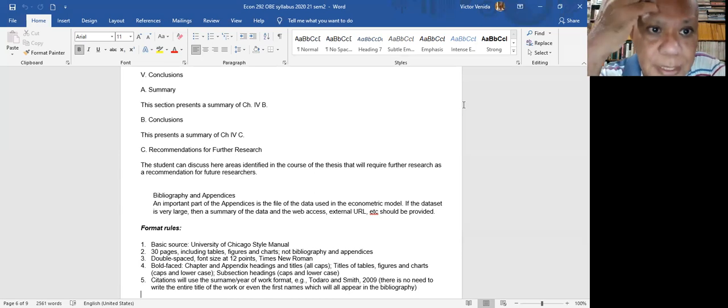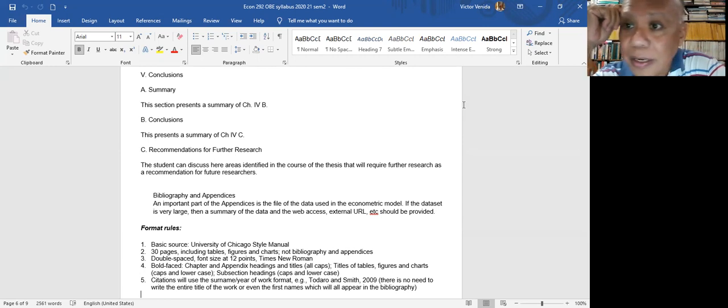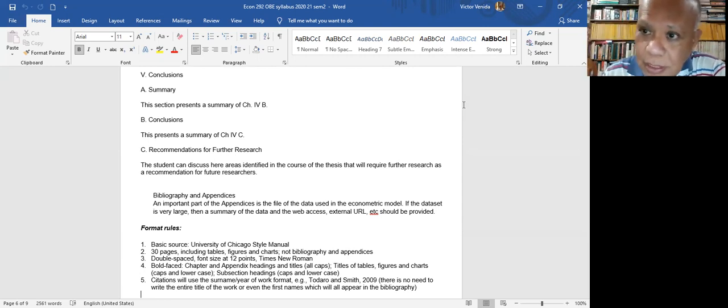Okay, now chapter 5. Chapter 5 is the shortest chapter in the entire paper, just as a rule of thumb. Okay, chapter 5 is the shortest.